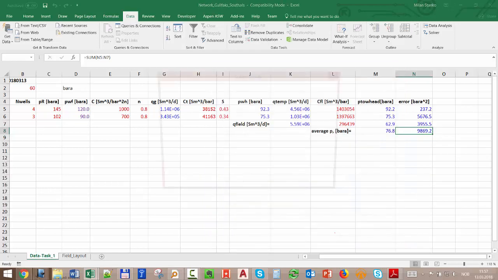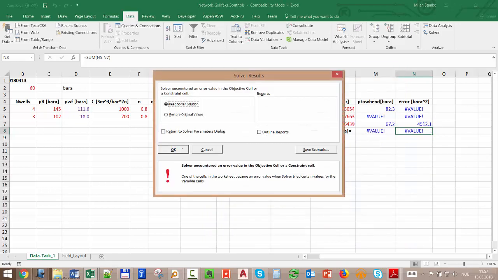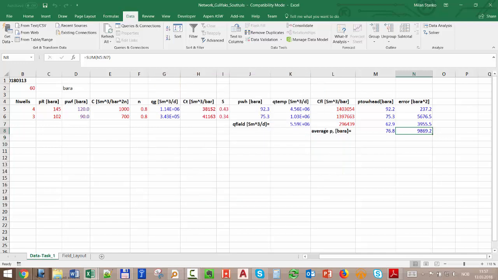And I solve, and it gave me an error. I think you forgot to lock the average pressure when you calculate the error. Yeah, that's very correct. So this one should be locked. The other one. This one, and oh, sorry, not this one, but this one.